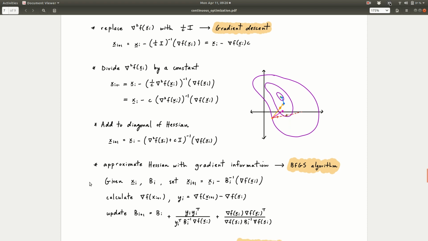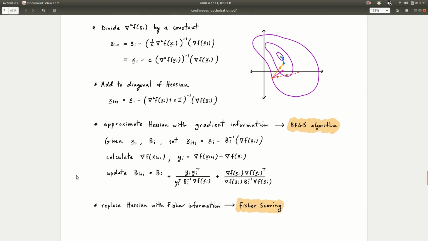So we calculate the gradient at the next point, and then calculate the change in the gradient, and then there's just a formula for updating our guess for the Hessian. So this can work pretty well. The nice thing about this is, as opposed to gradient descent, this can modify the search direction and tell you how far to search, but it's only an approximation to Newton's method.